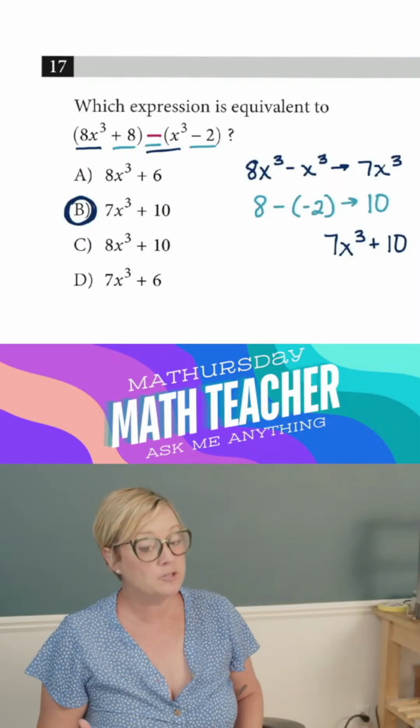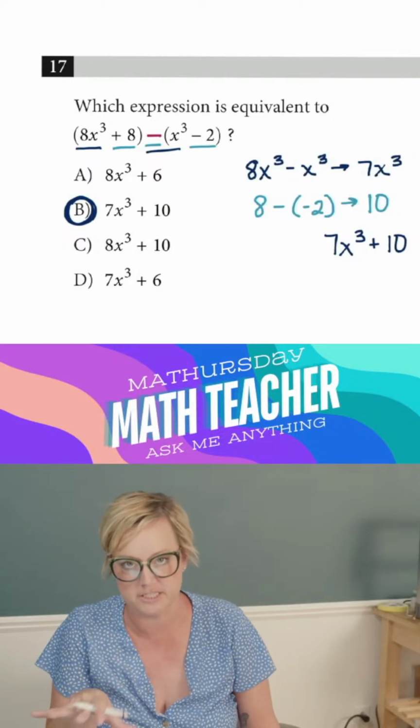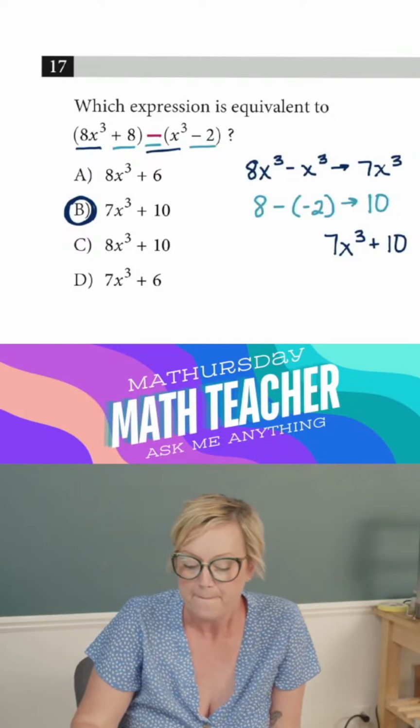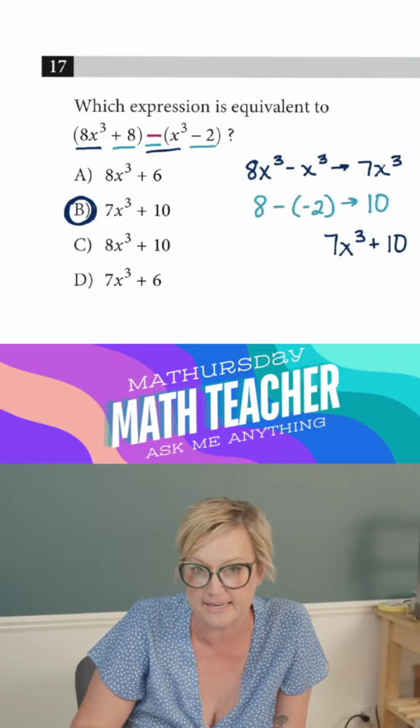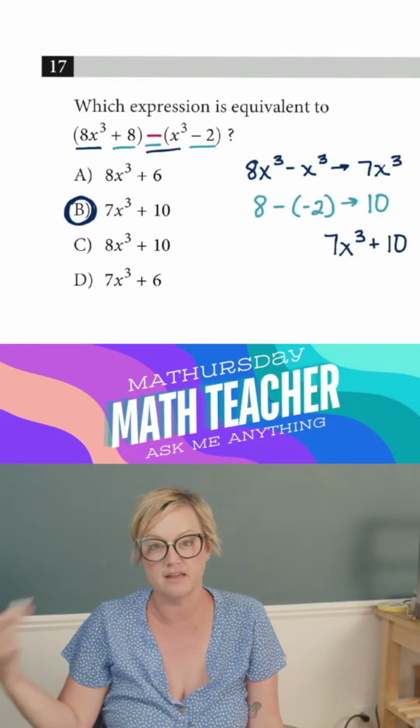Now, I saw a lot of people choose D, which is a totally understandable mistake to make. But you want to remember that minus sign in the middle, so that flips the symbol.